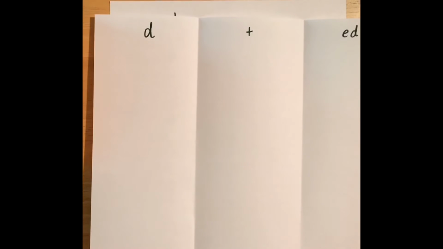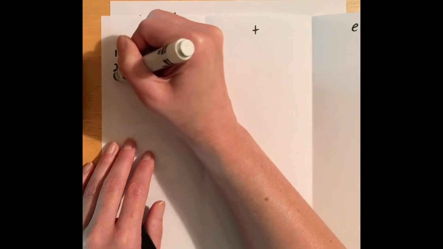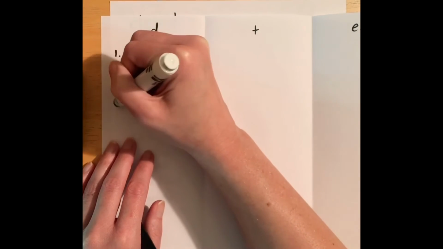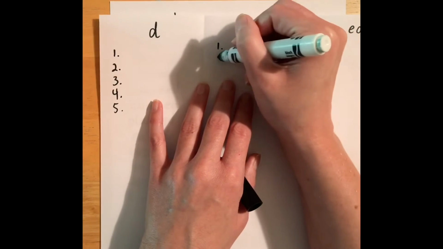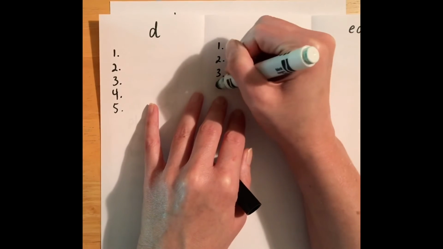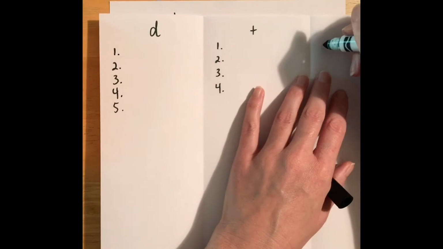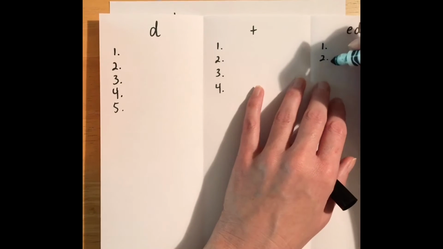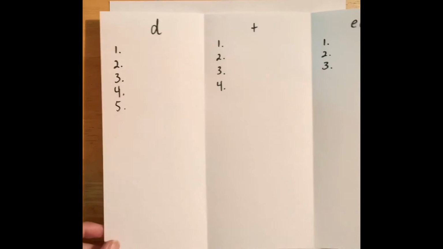To help you out, I will let you know that there are going to be 5 words where the ED makes the sound of a letter D, there are going to be 4 words where the ed makes the sound of a letter T, and there are only going to be 3 words where the ed makes the sound of a short E plus the letter D. So this is what your paper should look like.